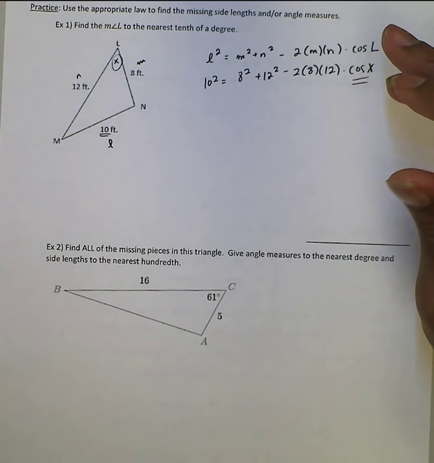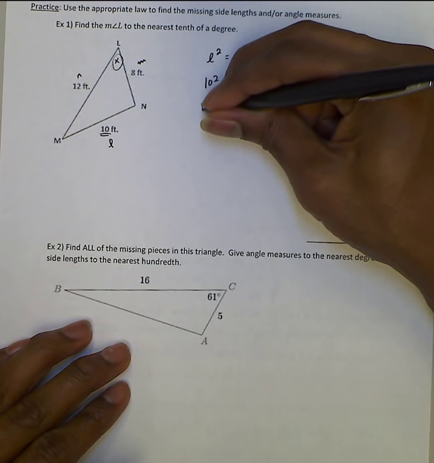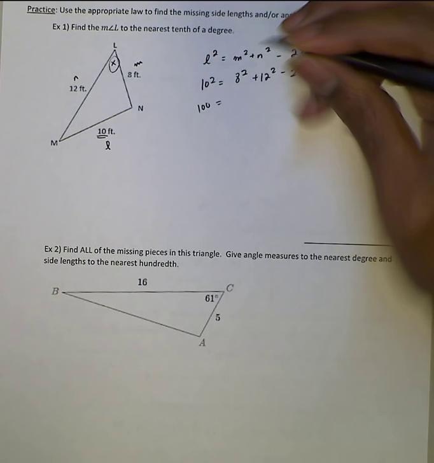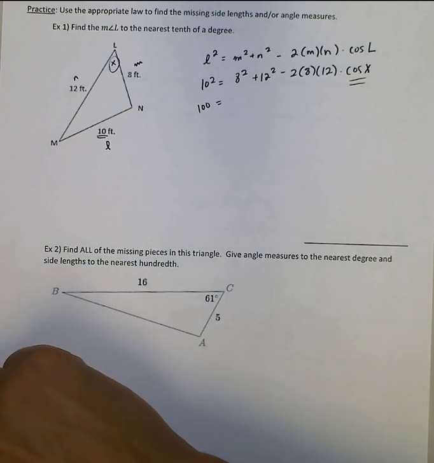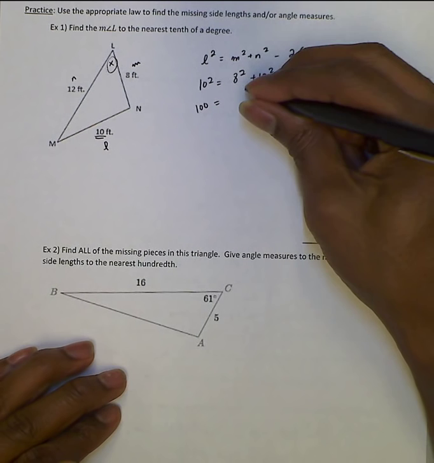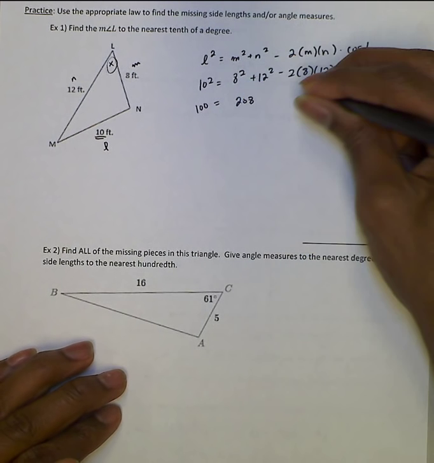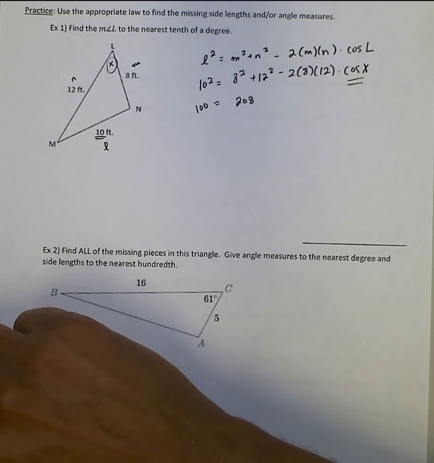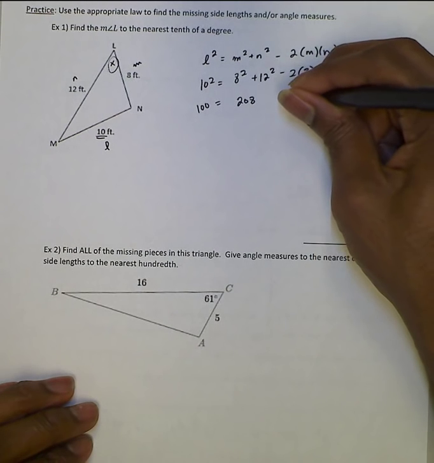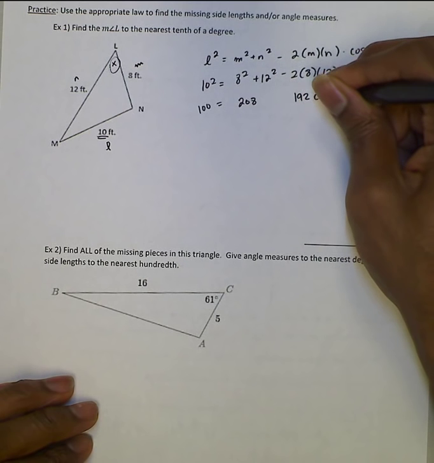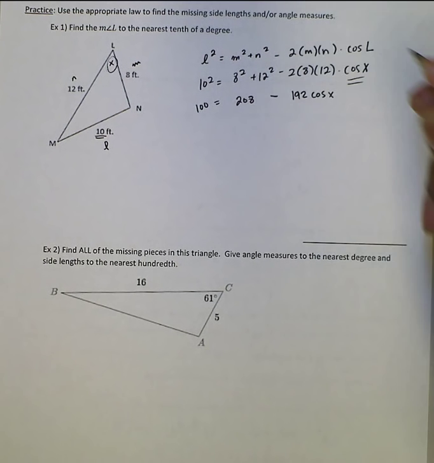This is 100 equals 8 squared plus 12 squared, and that's 208. Then I'll do as much to the backside as I can. 16 times 12 is 192, so 192 cosine x.